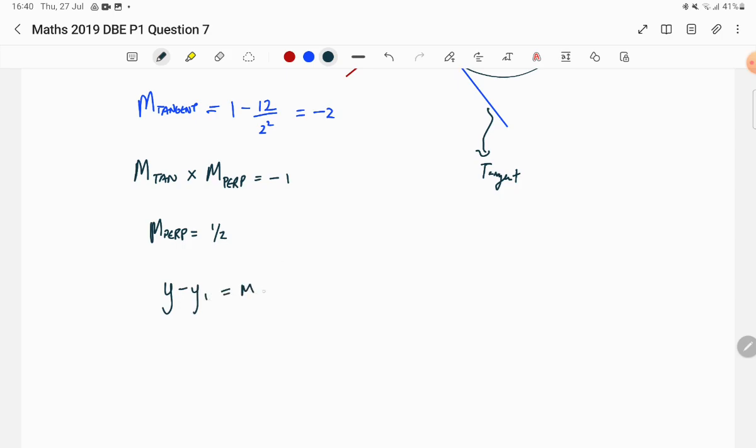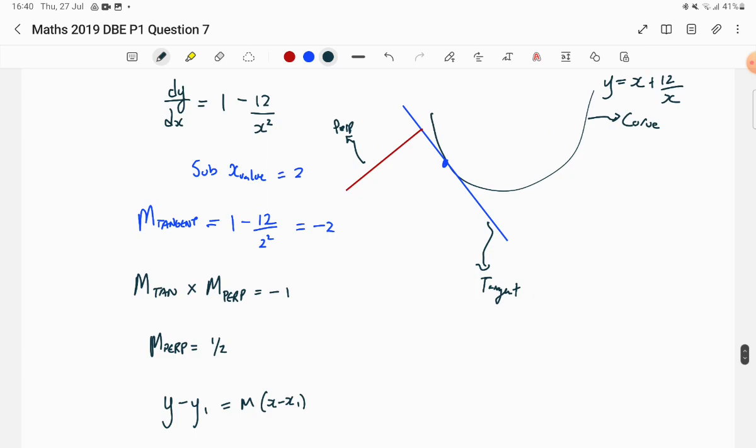y minus y1 equals m times (x minus x1). We can sub in the point we have at that specific point, which is (2, 8), because the line is perpendicular at that point.